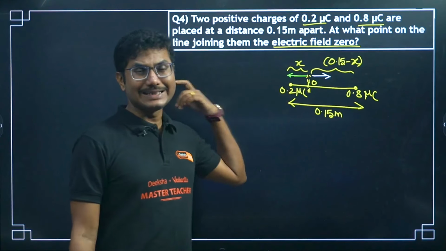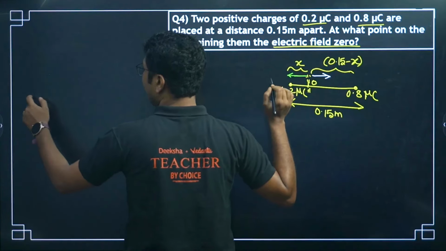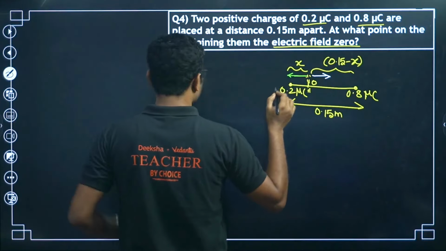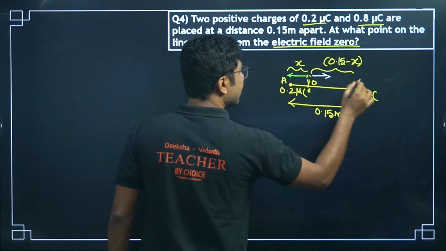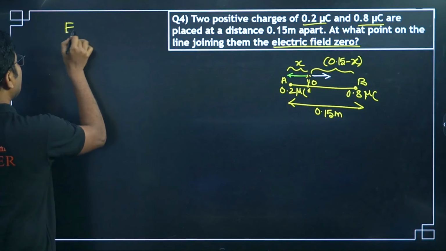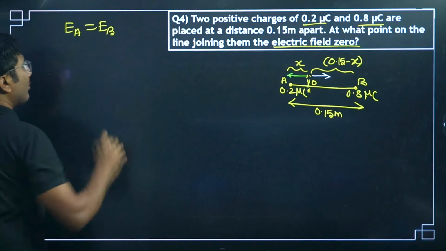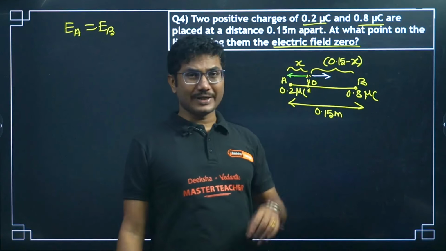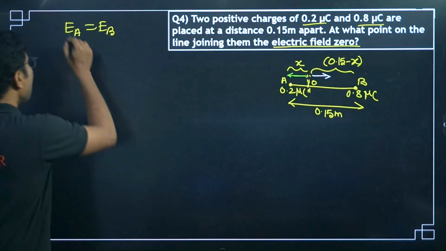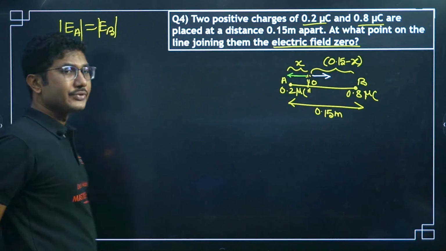So EA equals EB. Suppose this is point A and this is point B. So the electric field due to A equals the electric field due to B, the same in magnitude though different in direction. If you wish, you can add a magnitude sign over here.